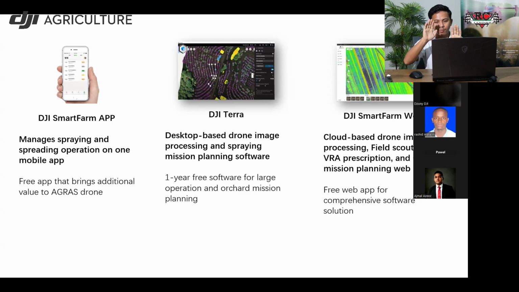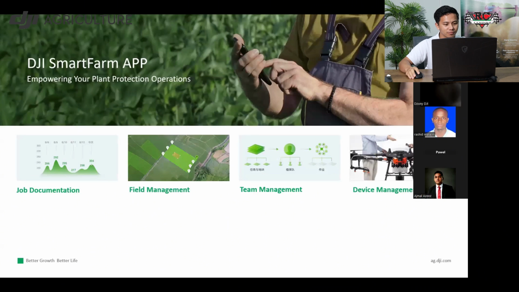So Terra and the smartphone app are different apps. The smartphone app is to manage your aircraft and your operation teams. To be more exact, you can use it for documentation and fee management, and you can transfer plans to other pilots. Nowadays many pilots are using the smartphone app to plan the field as well.